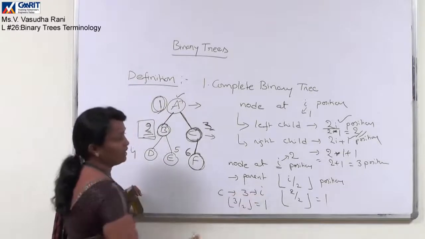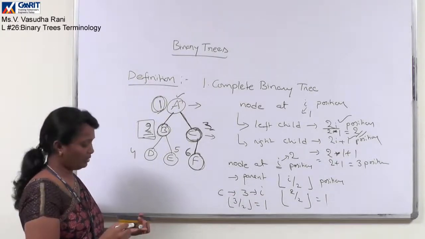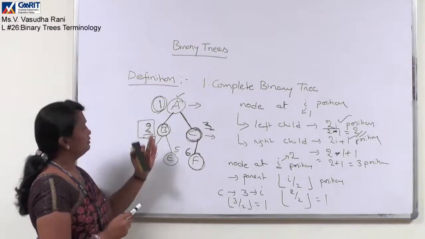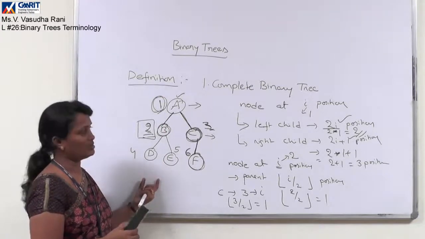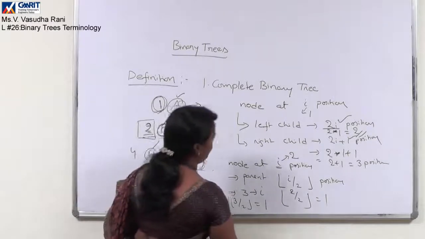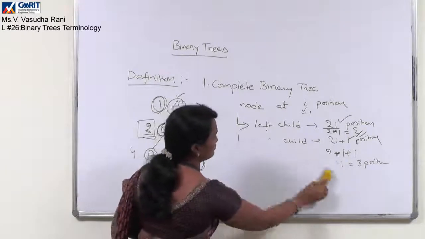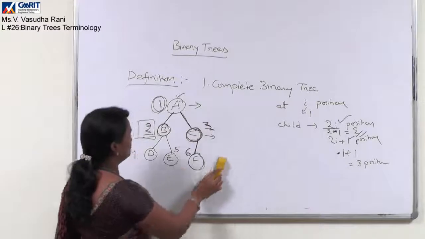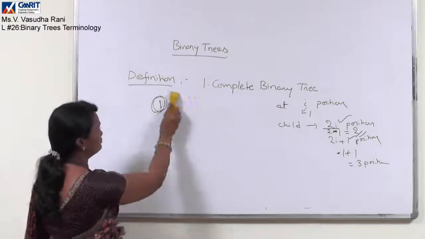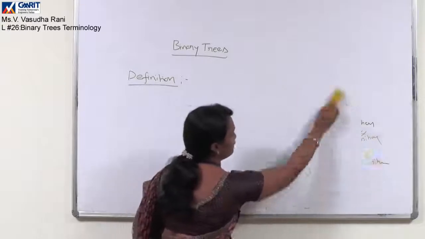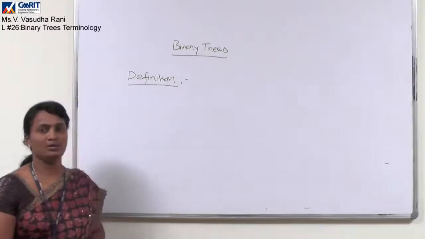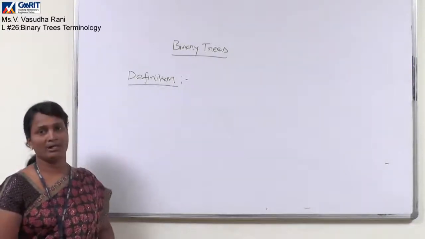So this is another formula to remember to know the connectivity among the parent and child relations. And with this, we complete the terminology that occurs with binary trees.